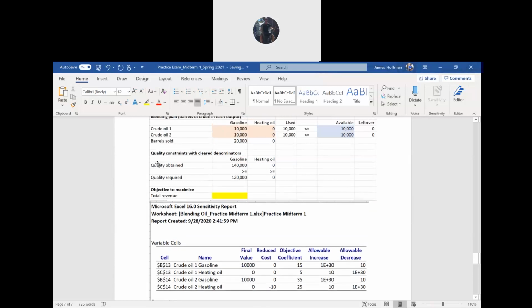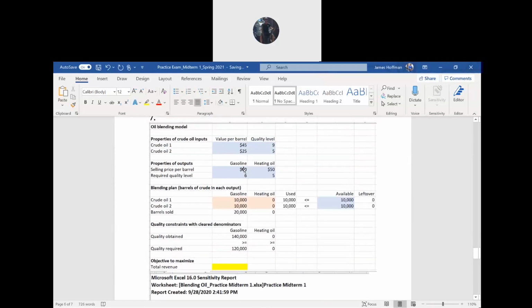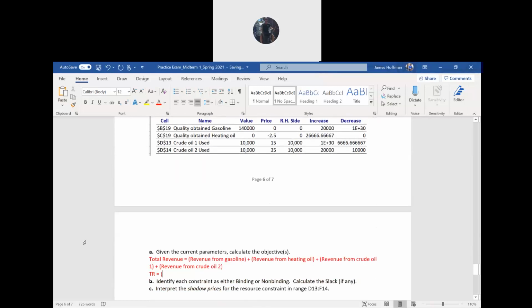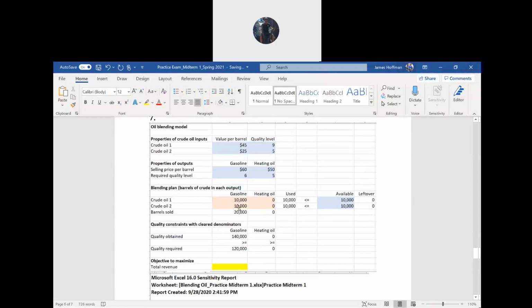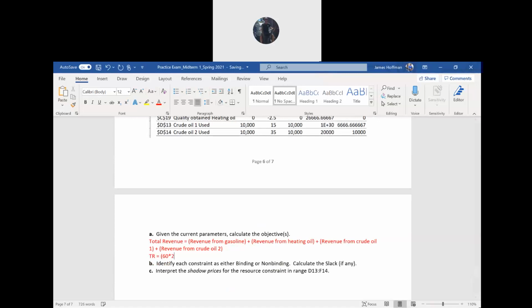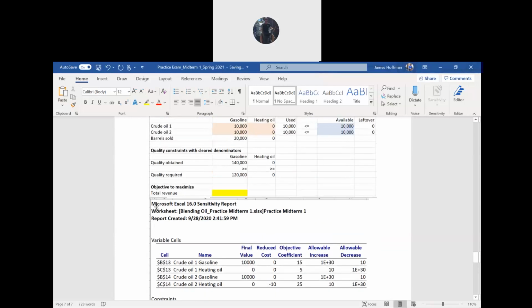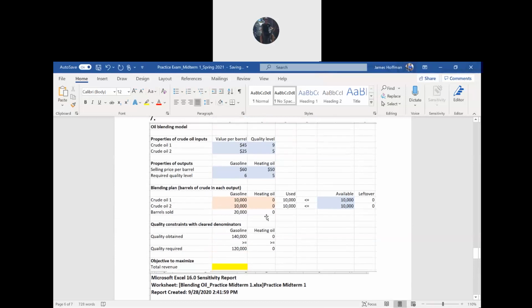So the price of gasoline is $60, and we sold 20,000 barrels. The price of heating oil is $50, but we didn't sell any. So see how barrels sold is 0? It's basically 50 times 0.